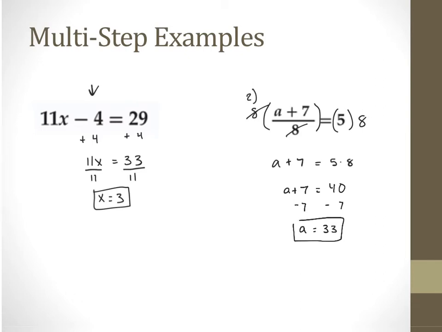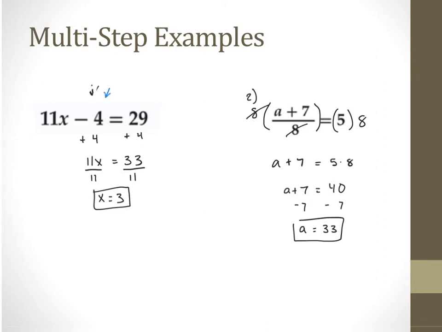Now, whenever you're doing these problems, whether they're as straightforward as these, or when they get more complicated, always remember you're doing one number at a time. You're starting with the numbers that are as separated from the variable as possible. So in this first problem, it was the 4.